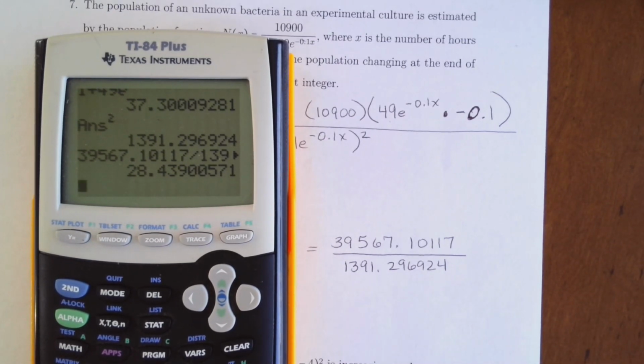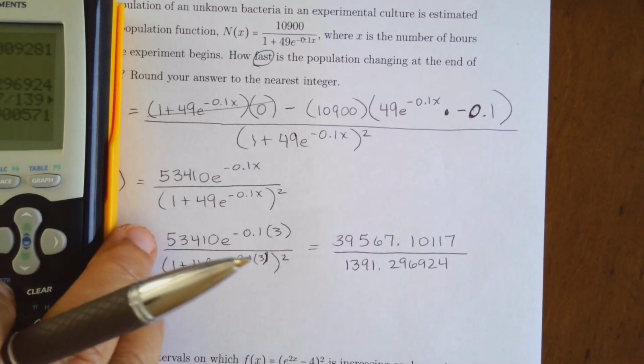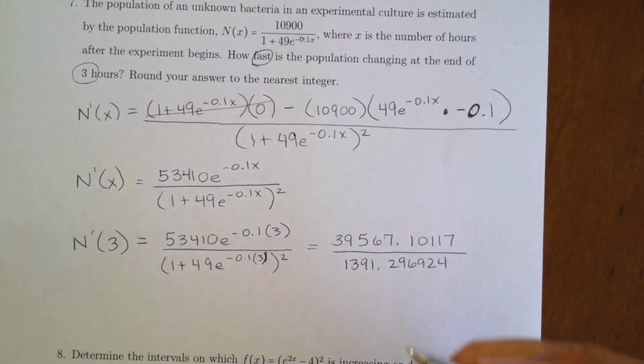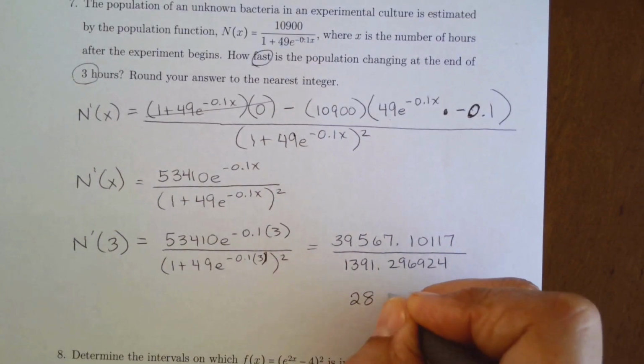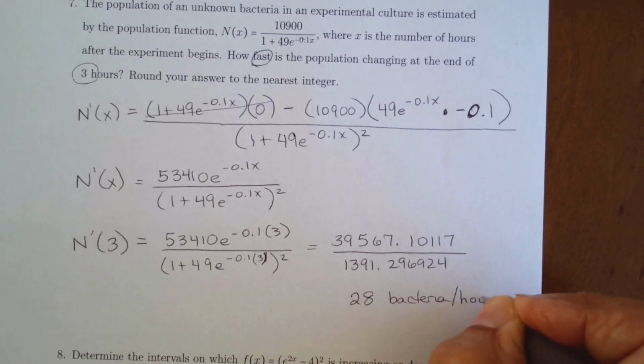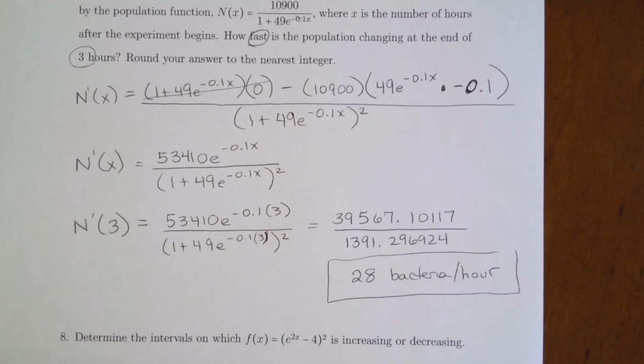So now if they ask me to round, I will get the correct answer. So that's 28.439, and this said to round to the nearest integer. So that would be 28, since it's 0.4. Okay, so 28 bacteria per hour. And that's the rate. Okay.